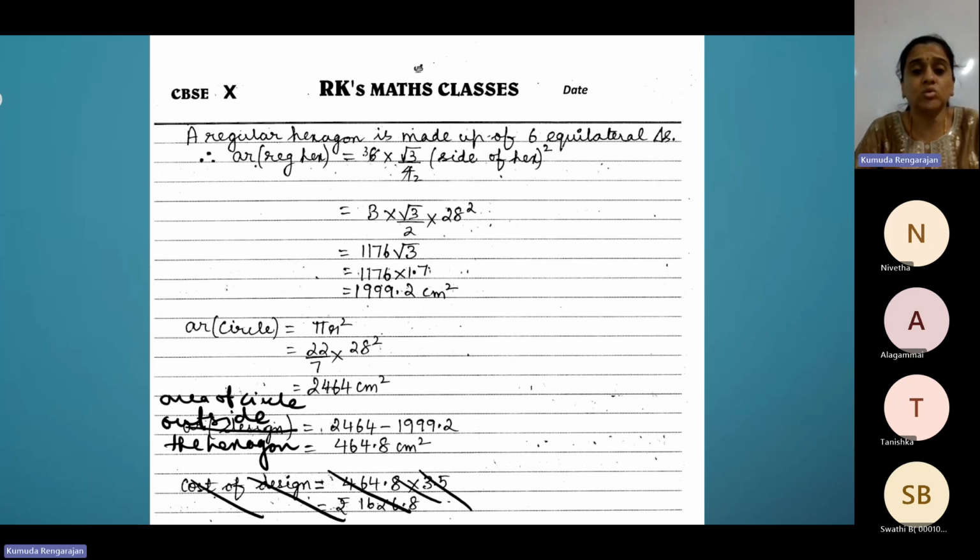Take that instruction: √3 is equal to 1.7. I didn't tell you in the question. It's given, take √3 as 1.7. Please include this in the question.